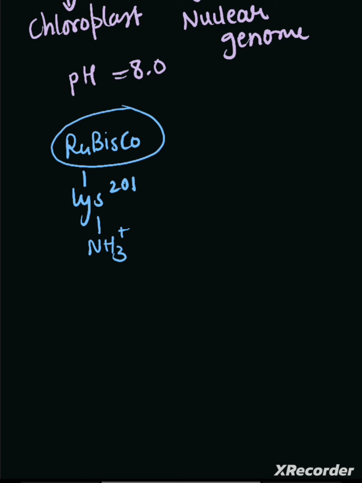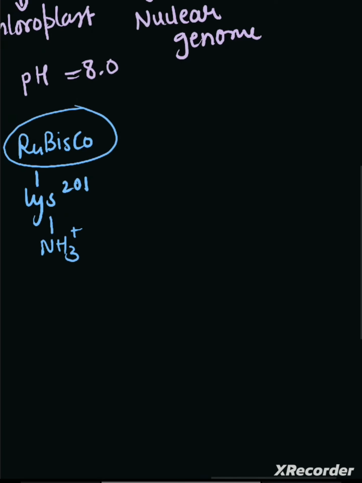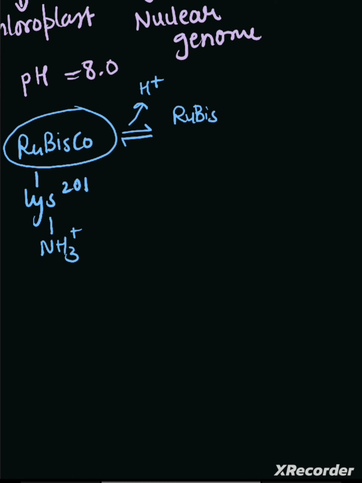Now it is in the protonated form, so it will be deprotonated. One proton will be taken out, and you will have your Rubisco lysine deprotonated.